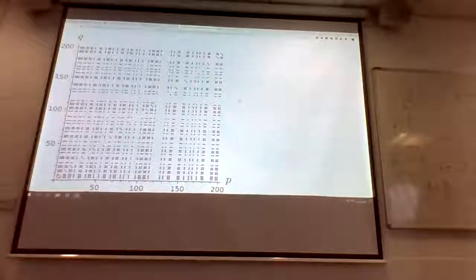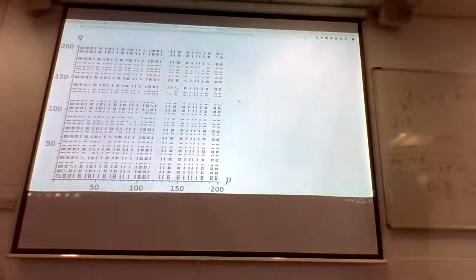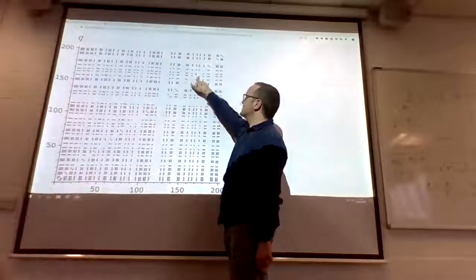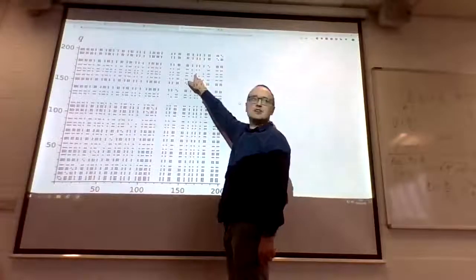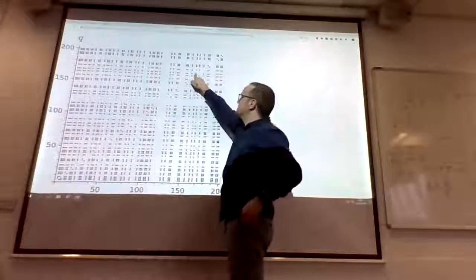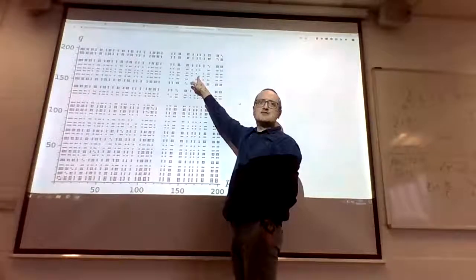Is this symmetric? No, it isn't symmetric. You'll find examples: this pair here are opposite each other, so this is PQ and this is QP, with the main diagonal going up there. These two points have opposite color, so it's certainly not symmetric.